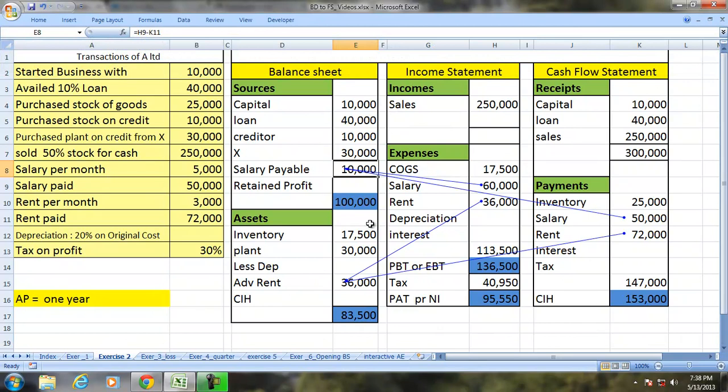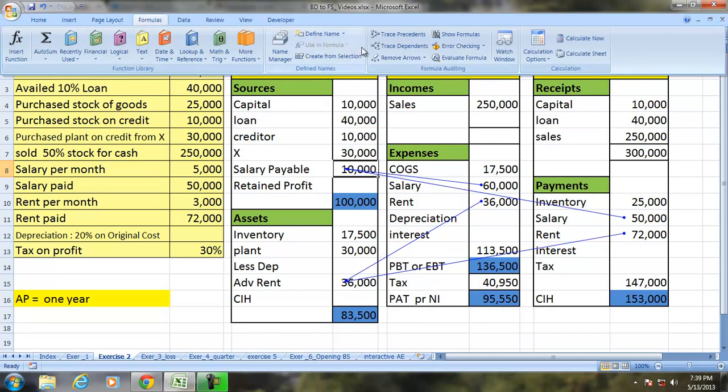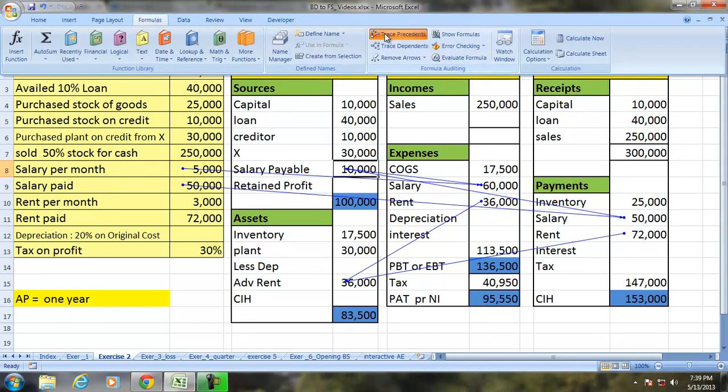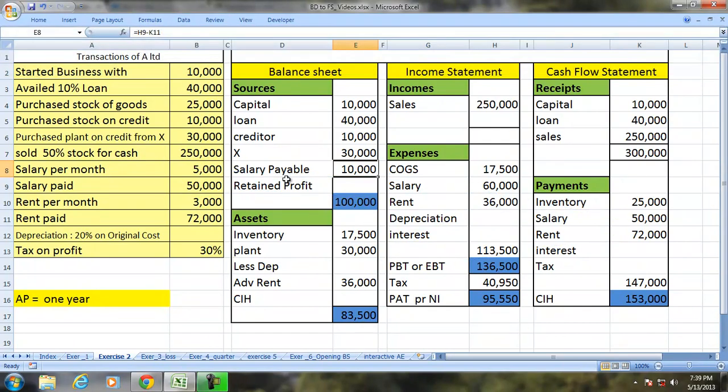If the expense is greater than the payment, it is a liability. If the payment is more than the expense, that is an asset. So in this case, outstanding salary is a liability and advance rent is an asset.